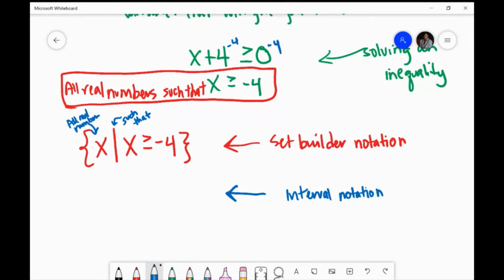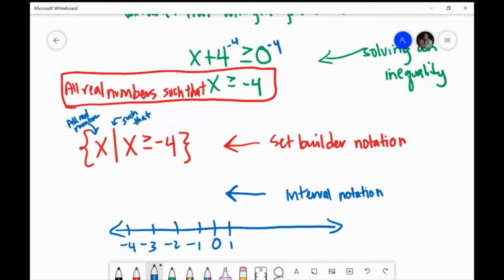Let's do a number line first, just in case. All right, we got a 0 here. We got negative numbers over here, and positive numbers to the right of 0, and so on and so on. Where negative 4 is, should I put an open circle or a closed circle for negative 4?